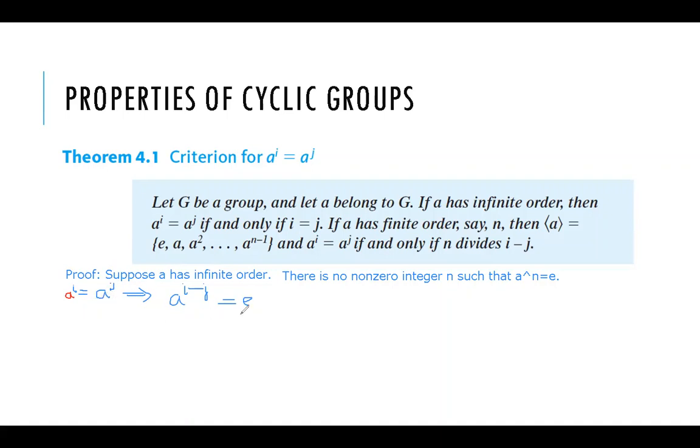So on this side, I get identity. On the other side, I get A power minus j, which when multiplied by A power i gives A power i minus j.